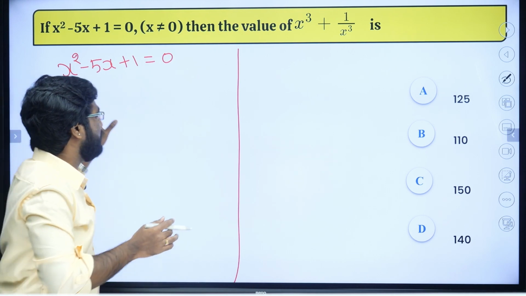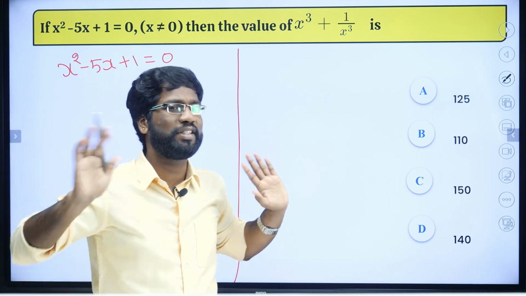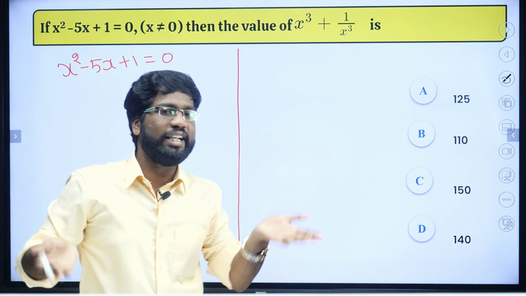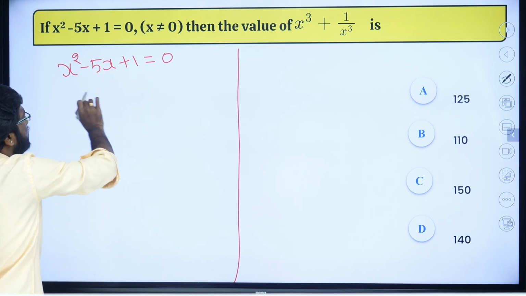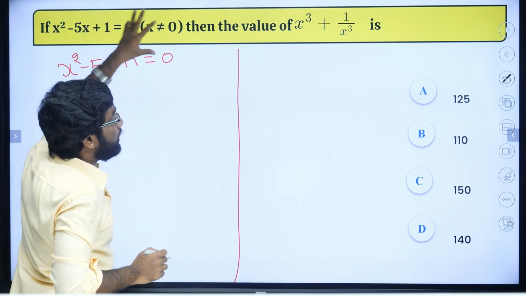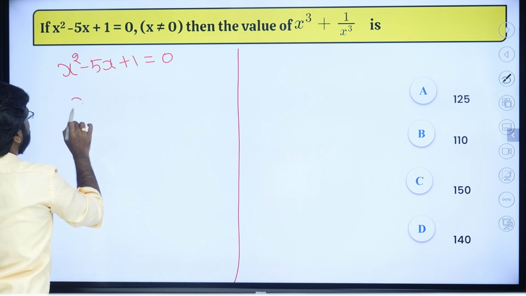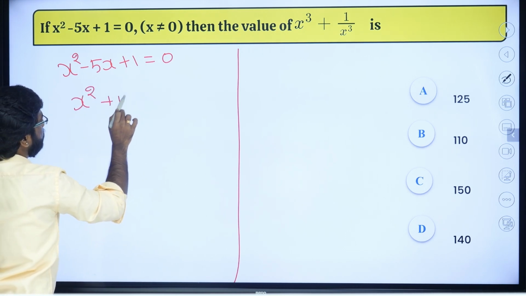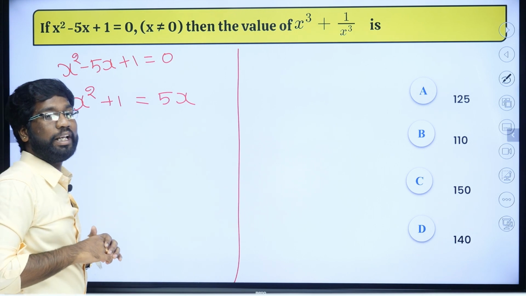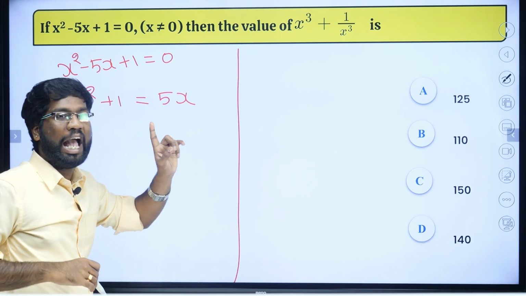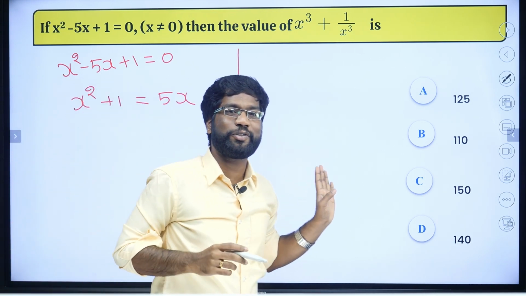After that, I can do the cube on both sides. So for that, I am going to take minus 5x and put it on the RHS, so that x square plus 1 equals 5x, my dear students. Have you understood till this point, my dear students?